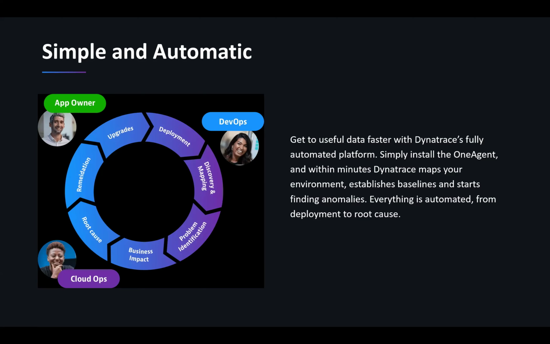Suppose you want to onboard 10 applications in Dynatrace, with all the features: infrastructure monitoring, application monitoring, real user monitoring, synthetic, and log monitoring. And the same 10 applications are running on 500 servers, and you want to implement it with Datadog. Do you have any idea how much time it will take?